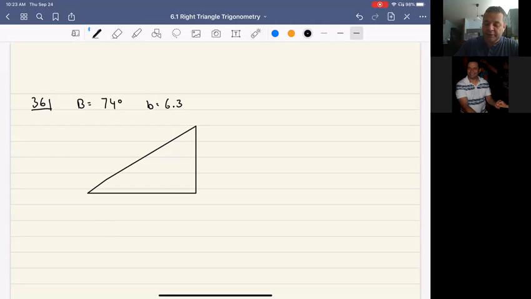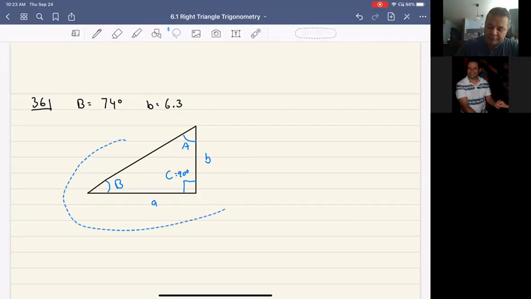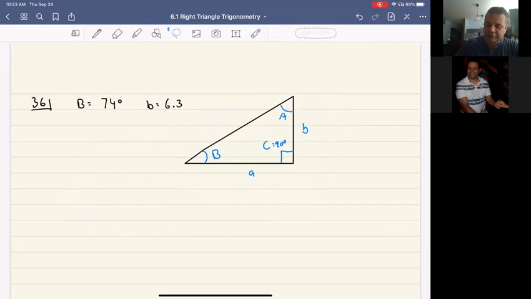So if we let this be the angle B, then this is the side B. This is supposed to be C, which is 90 degrees. And then this is angle A, and this is side A. So that's our triangle, and we have to find the rest of it.